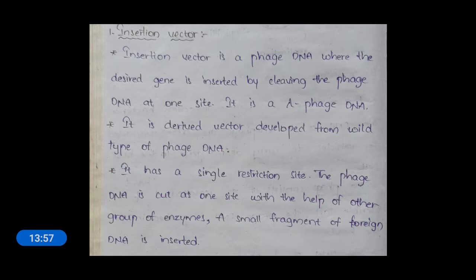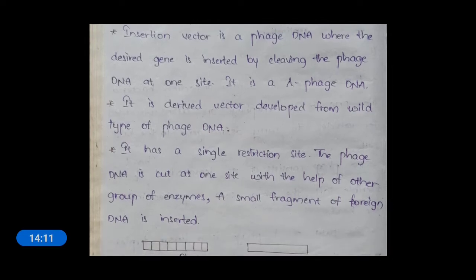So here the insertion vector is a phage DNA where the desired gene is inserted by cleaving the phage DNA at one site. It is a derived vector developed from wild type phage DNA. Here it will have one site for restriction enzymes, and the phage DNA will be cut at one site with the help of the enzyme, and a small fragment of foreign DNA is inserted.